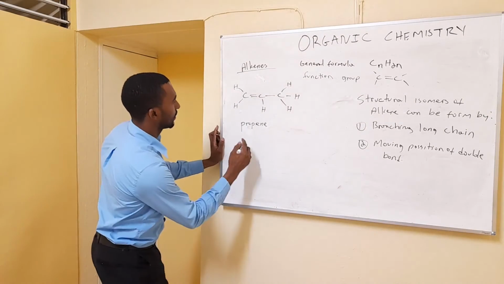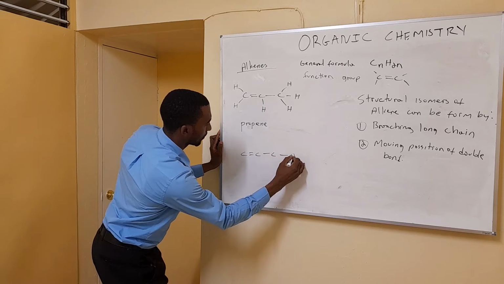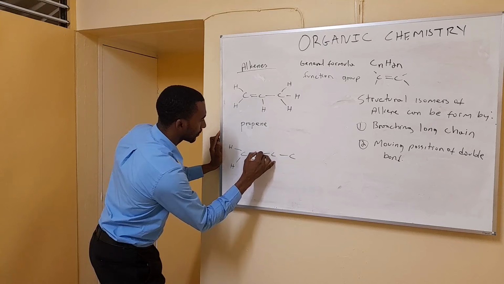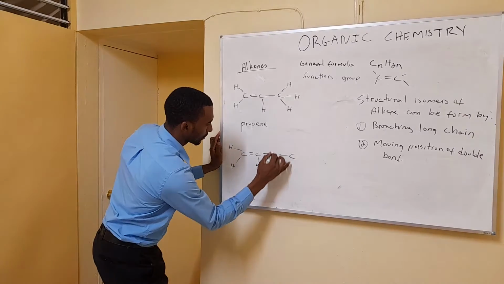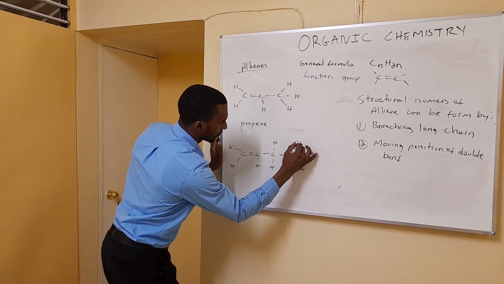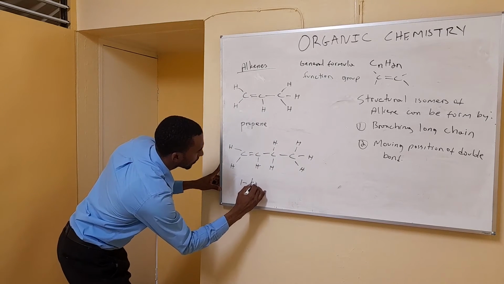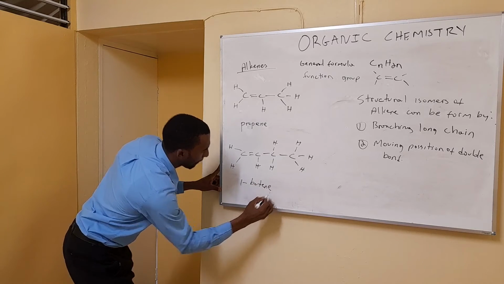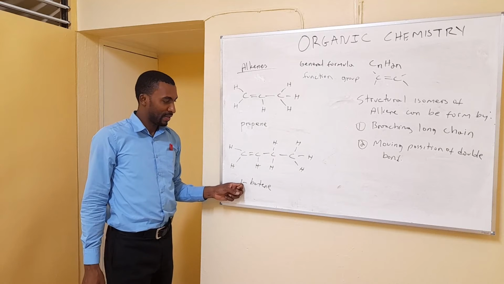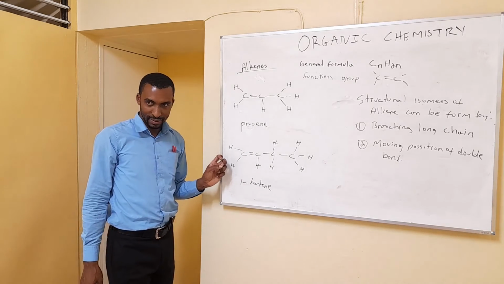Next we have an example. So this is 1-butene. We indicate the 1 here, in this case the position of the double bond.